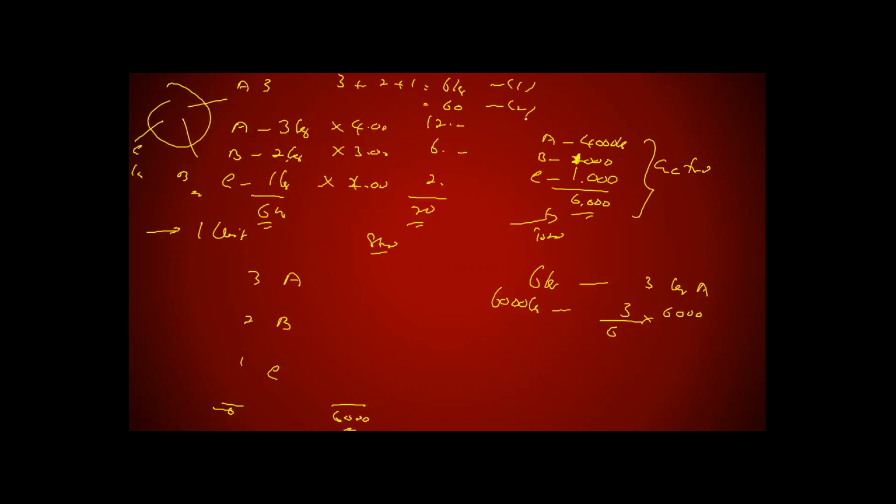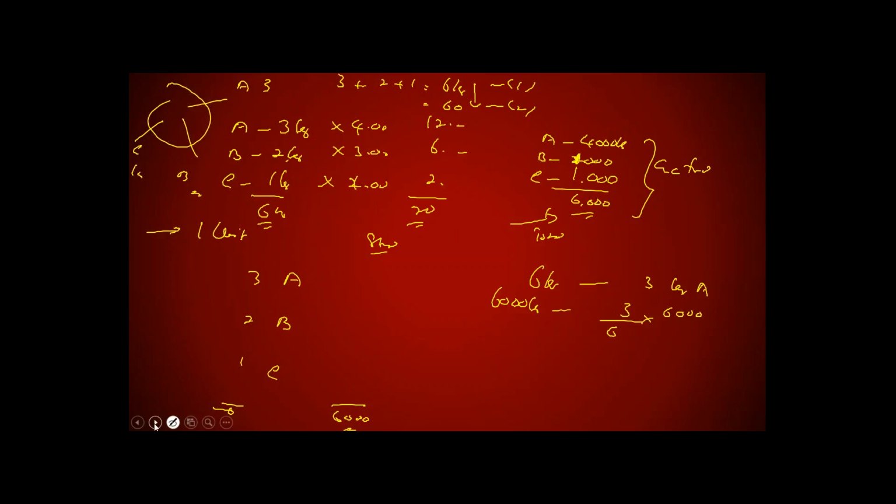Not multiplied by 2, multiplied by 10. 6 has gone up to 60. So multiplied by what? 3,600.